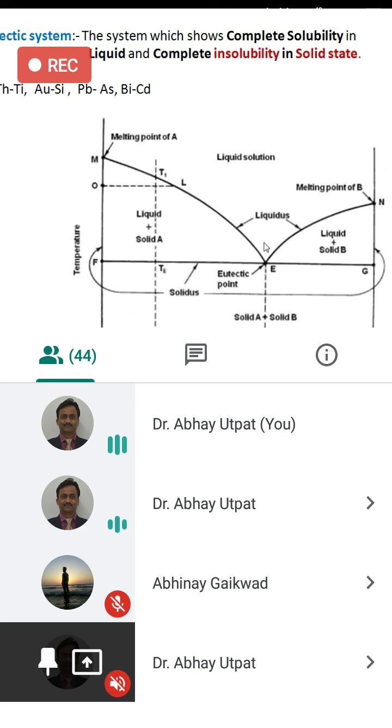So that is the beauty. As you go on adding, the melting point goes on decreasing, and suppose this 60% is alloy number 6. Whatever sixth crucible you have, if you melt that mixture, it will melt at the lowest melting point.